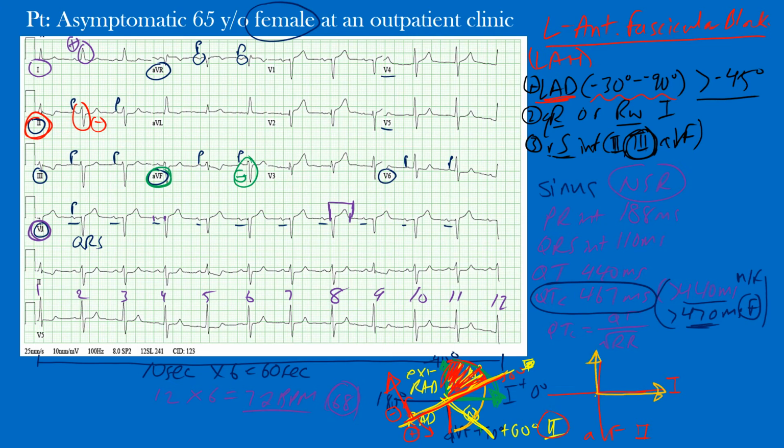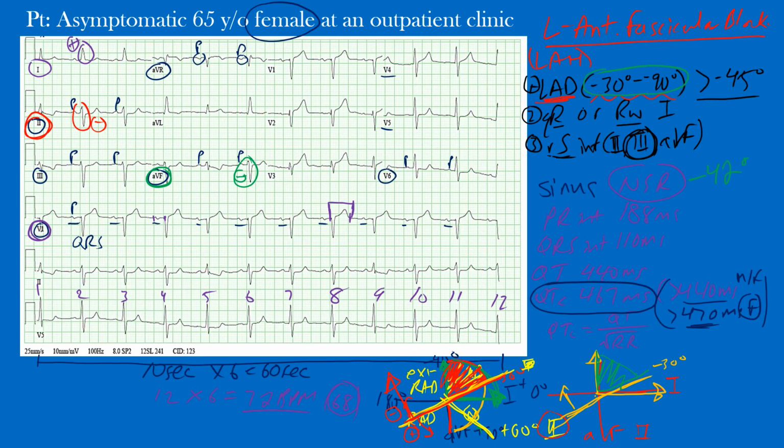And then we said that lead 2 was negative, and we used this line here, which is perpendicular to lead 2. Since lead 2 is negative, it's going to be on this end, and that's why we fall in this region. So that's actually between negative 30 and negative 90 degrees. The actual axis here was negative 42 degrees.